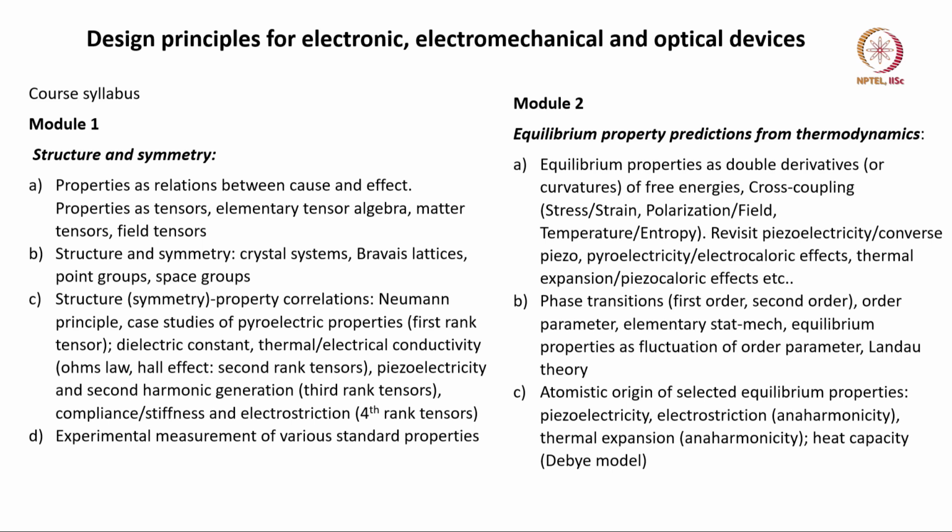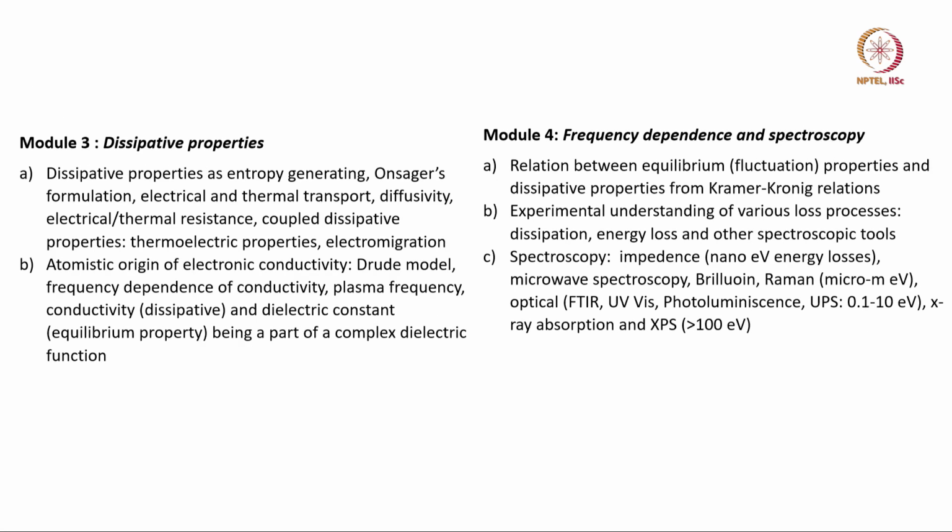In module 3 I talk about what are called dissipative properties. Module 2 is all about thermodynamic or conservative properties. Again I have to define what a property is, but there is no loss of energy when I am talking about these properties, whereas dissipative properties such as conductivity, thermal conductivity, diffusivity, etc. in various materials involve energy losses, right.